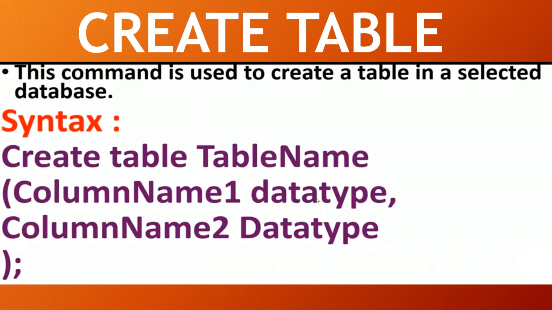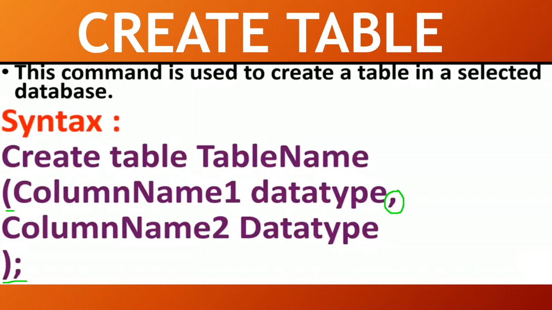So your column name and data type will be separated by a comma. All column definitions will be separated by commas, and then finally when you have defined all the columns, you are going to close the parentheses which were opened in the beginning, followed by a semicolon.